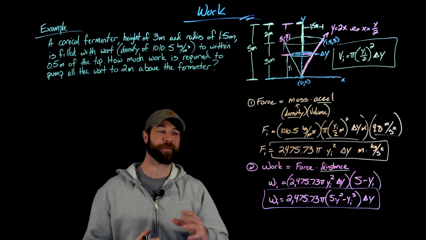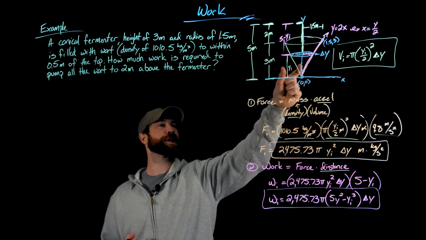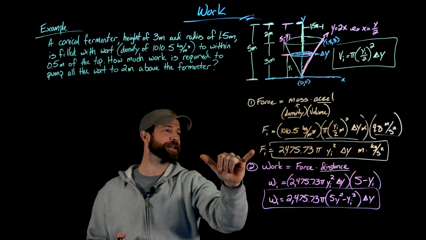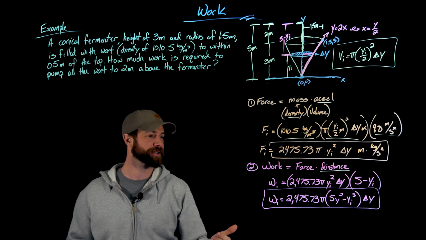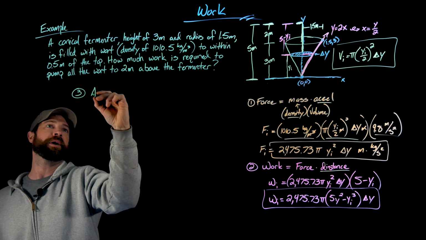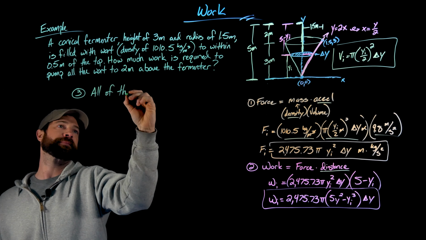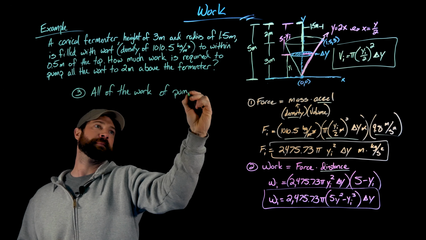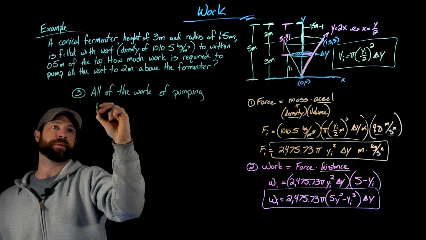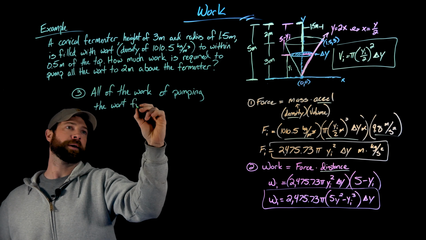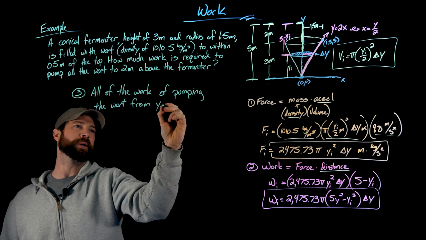So as always, I've done all my analysis through these little snapshots, these little slabs or these little washers. I've created a force function and then right after that created a work function. Our job now is to use this limit sum or integration to find all of the work of pumping the wort from y equals 0.